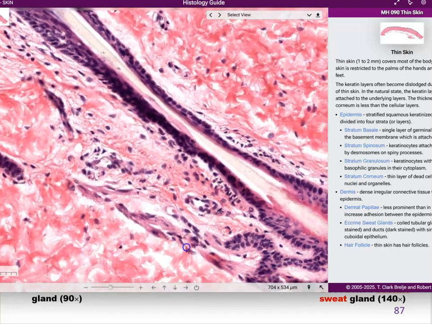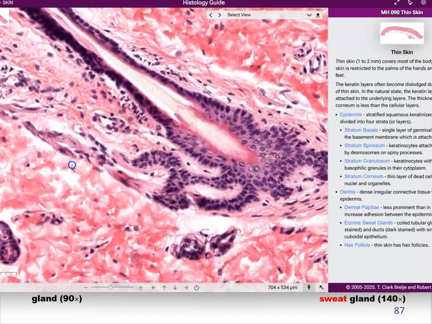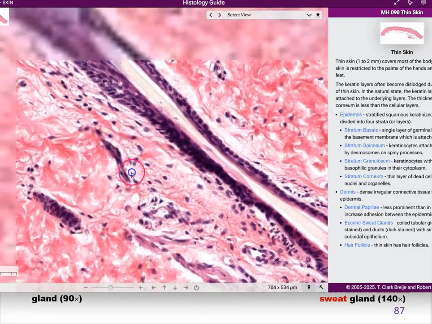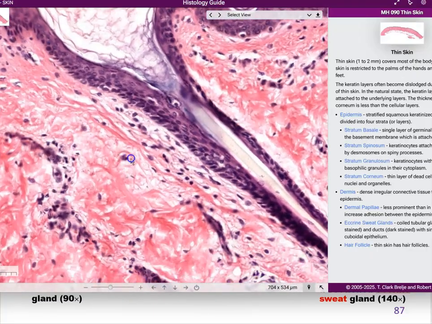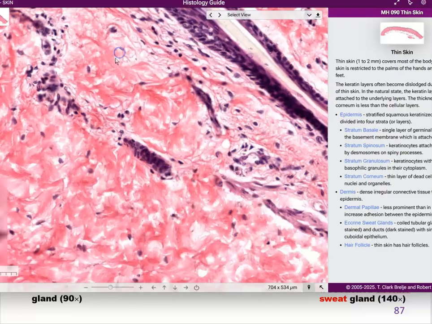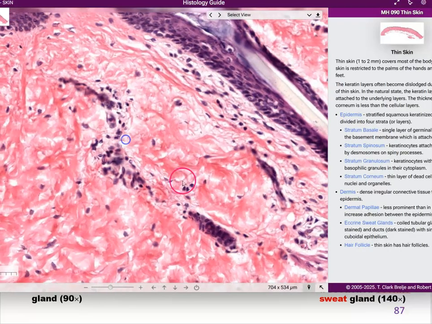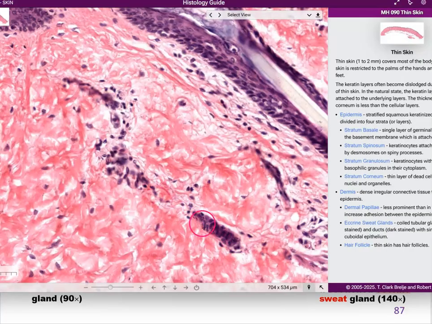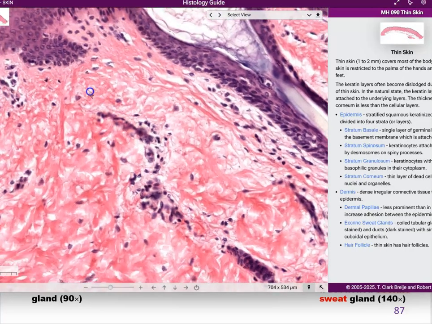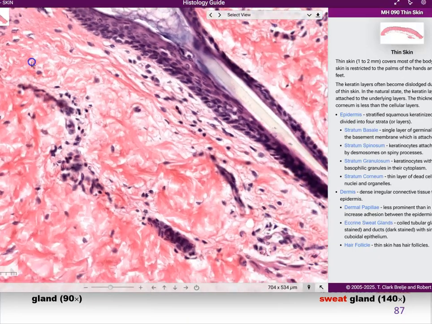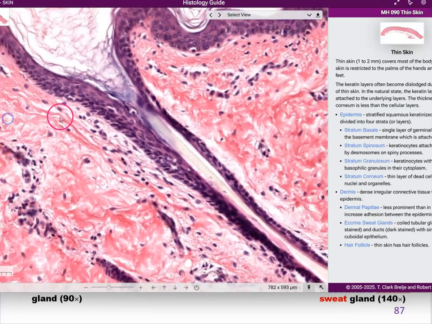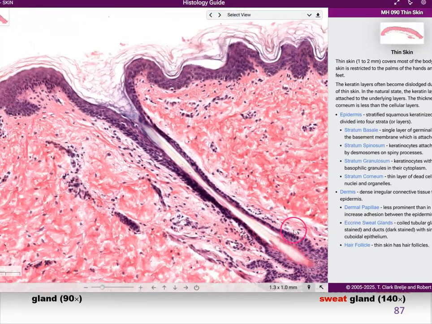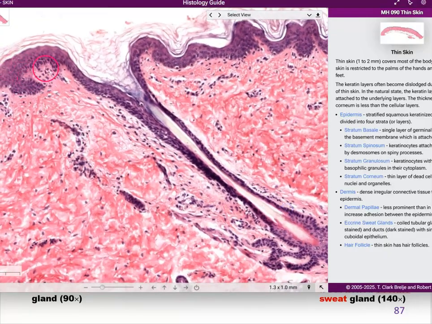Other things we can see here. Oh, cool. This is a gland that we're seeing parts of. Okay, so I can't show you everything I wanted to show you, but what I can show you is that a hair follicle is an extension of the epidermis.